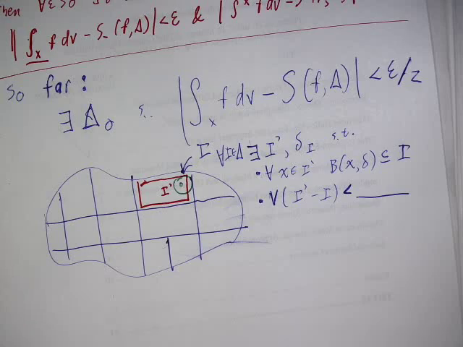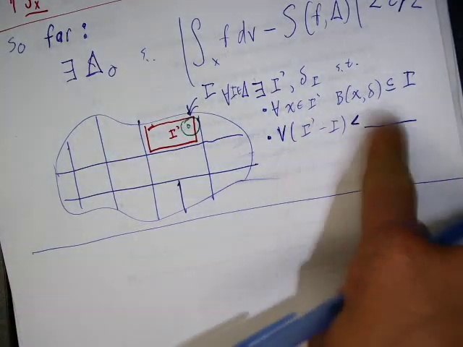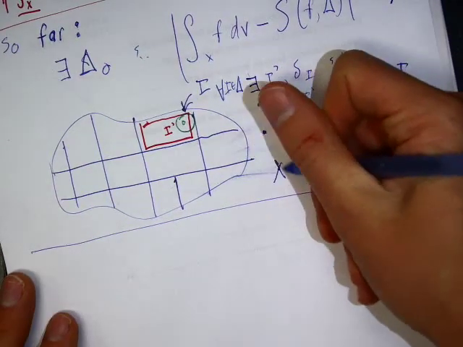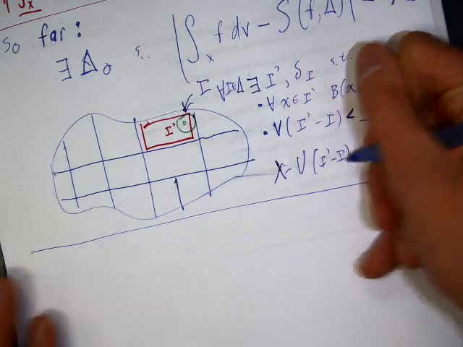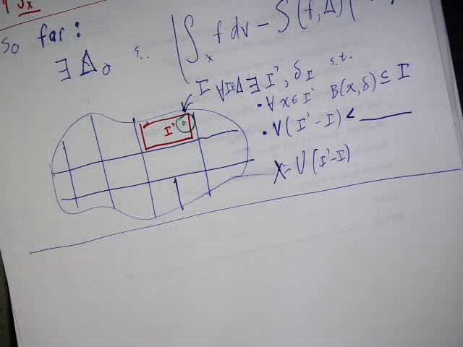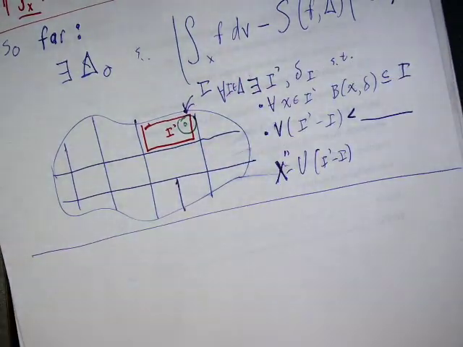That's what we did. And we played some more bookkeeping games, like we said, let X be the union of all of these I minus I primes. X prime, X double prime? X double prime, I think we called it.